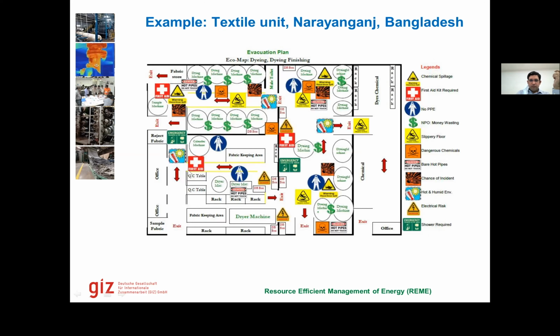So this is a floor map which actually has a lot of symbols on it. Some are for the monetary loss, some are for the danger, some are for the electric shock, some are for the hot or humid environment, or for not having personal protective equipment, or having a dangerous chemical somewhere. So these are different symbols that can be used as well.